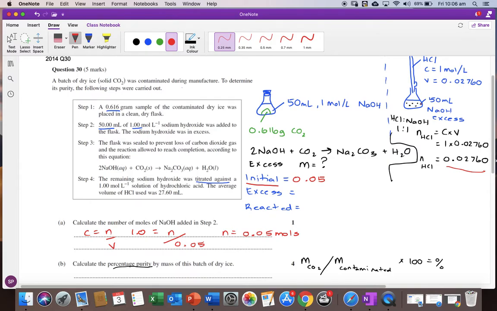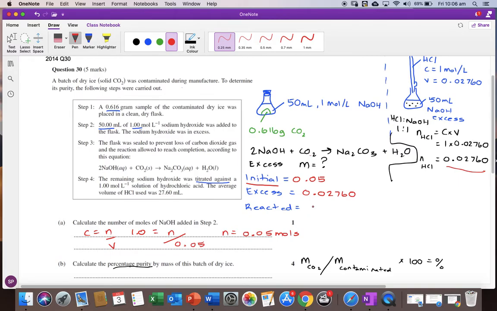Okay, we don't have to find the concentration because we really only need to know the number of moles of NaOH that has reacted to be able to find the mass of CO2. So our excess NaOH was 0.02760.